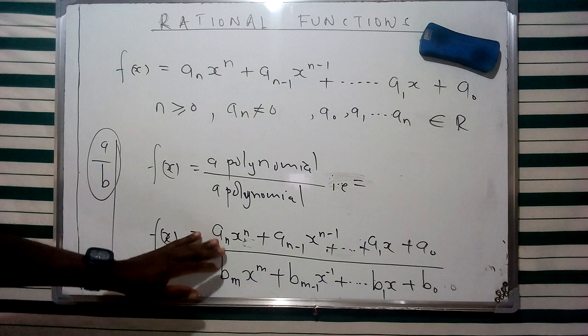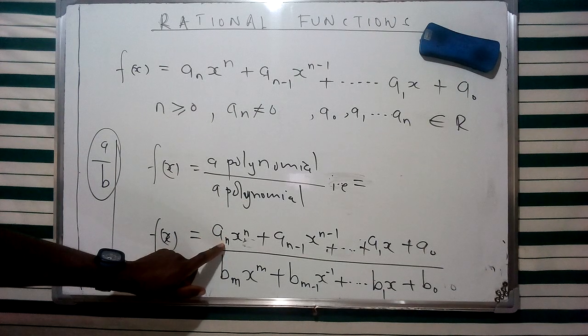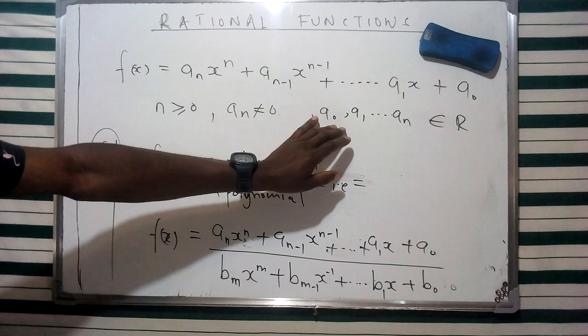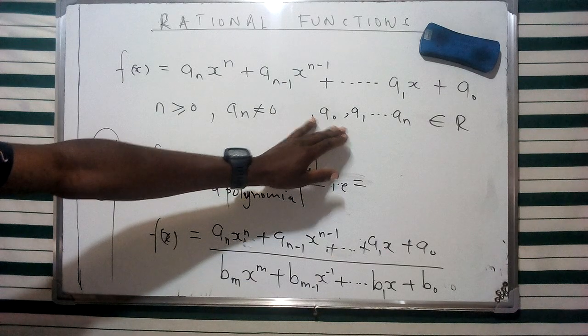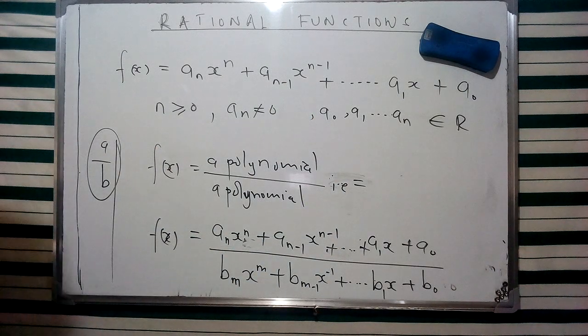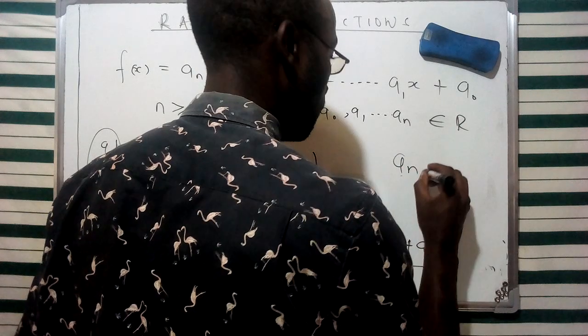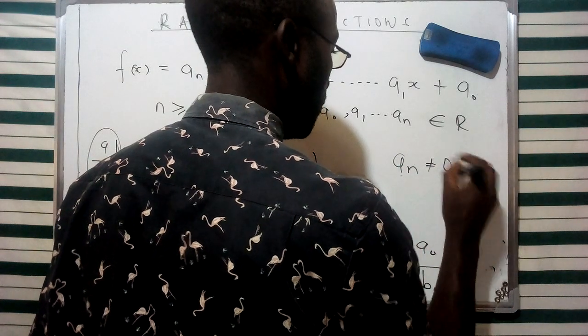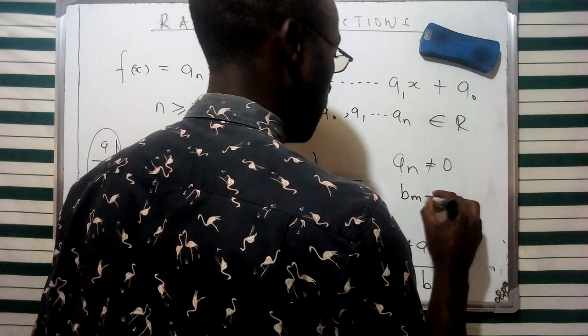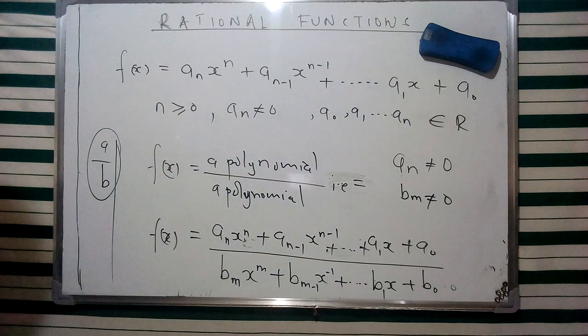So the coefficients of these respective polynomials, for the values of a, just as we had expressed in this one, are going to be a set of real numbers, whereby the values of a_n and b_m are not equal to 0.